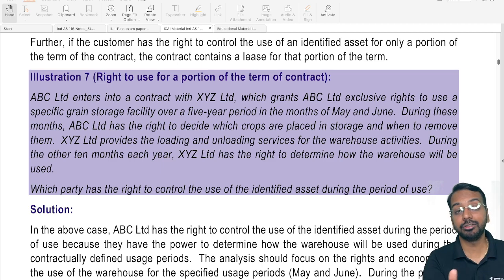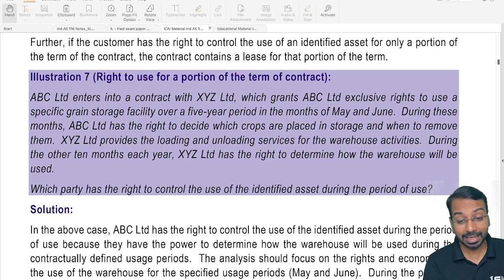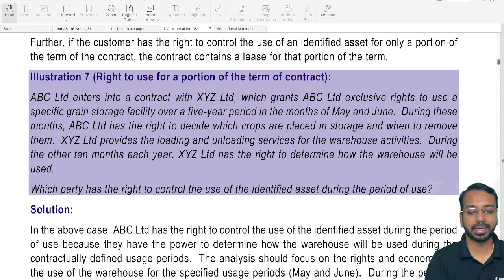Yes. For May and June, for the period of the contract, the customer can direct the use. So it need not be a continuous period. It can be an intermittent period. Intermittent periods meaning there can be breaks. But yes, even if there are breaks, in those 2 months, if the customer has the right to direct, we'll say that the asset is identified and the customer controls the asset.